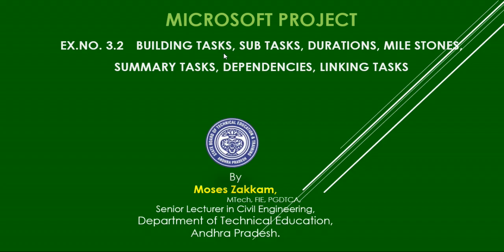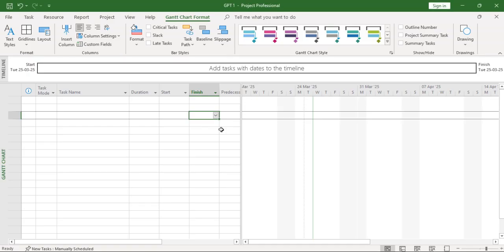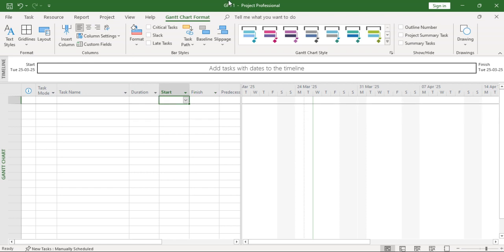So task, what is a task, subtask, duration, milestone, summary task, and all these things you are going to learn now. So now let us shift to the MS Project. This is the sheet we created in the earlier exercises with the name GPT-1.